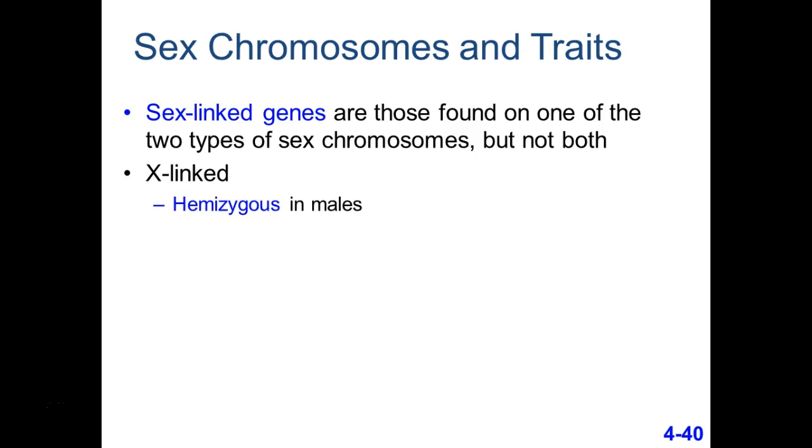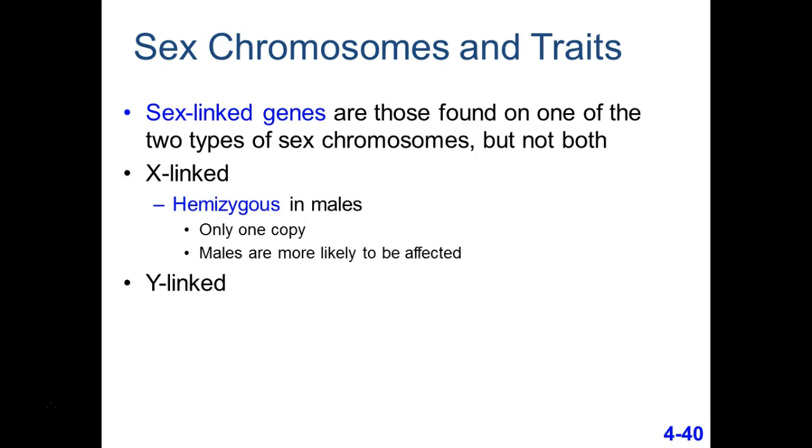X-linked is hemizygous in males, because they have only one X, and they have a Y. They only have one copy. Hemi means one. And so as we saw, they're more likely to be affected, because they only have one X. No backup copy.